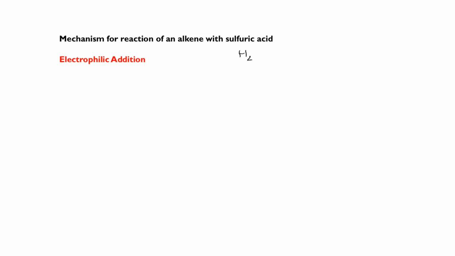So sulfuric acid is H2SO4, or as I like to remember it, is O-SO2-OH. Okay, so it's H2SO4. We have an alkene. Let's draw propene again.